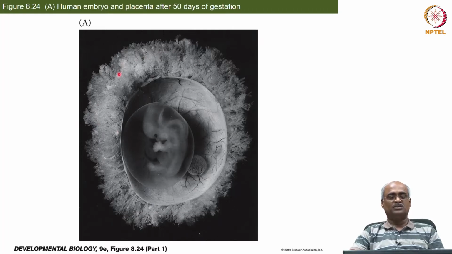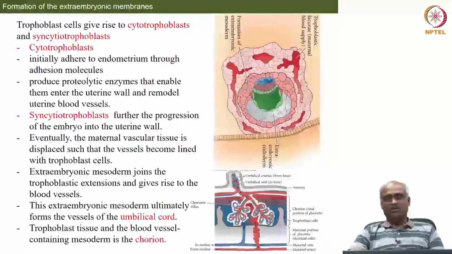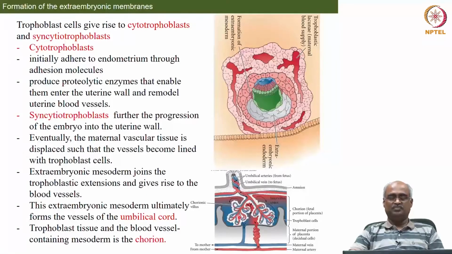Okay, so this portion that you see, that's here, formed by the extra embryonic mesoderm, and so that's what forms the chorion. So this portion is chorion, along with this trophoblast cell layer as well, and the mother's blood bathes this area. So these tubes, the blood vessels of the mother and the fetus, are not connected, they are not continuous tube like structures.